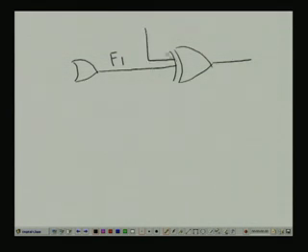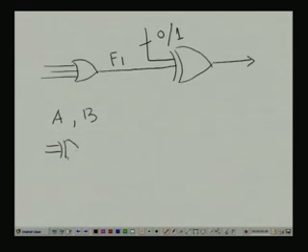The other input can be 0 or 1. Now, if we remember, if A and B are the inputs of a two input XOR, then the function will be A B bar plus A bar B.